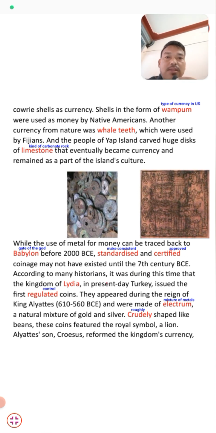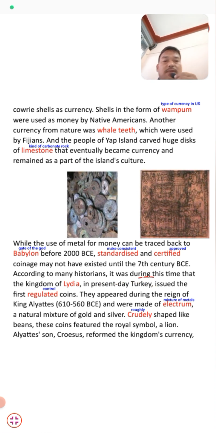But according to many historians, who study history, it was during this time that the kingdom of Lydia, which is the name of a place in present-day Turkey, issued the first regulated, state-controlled coin.